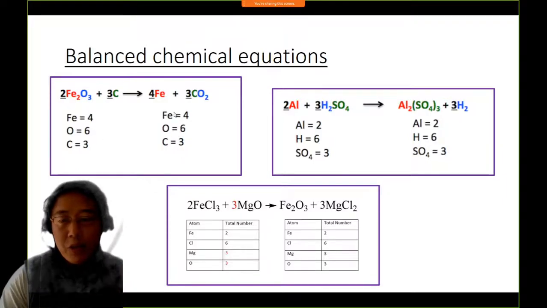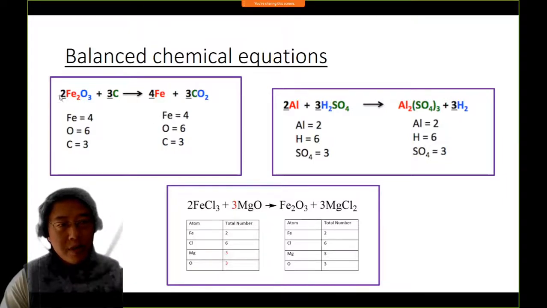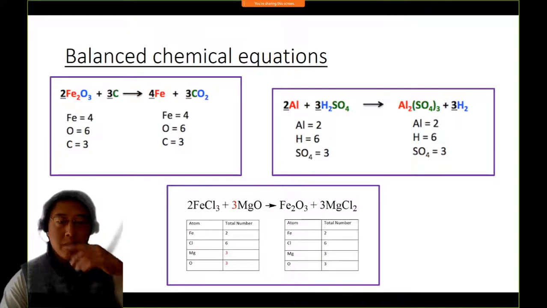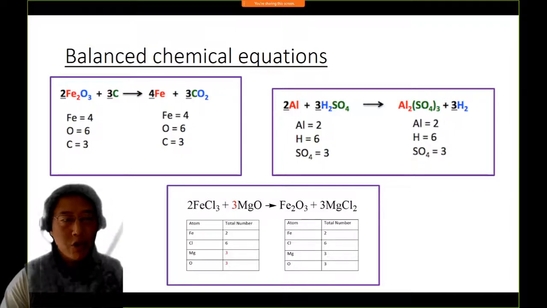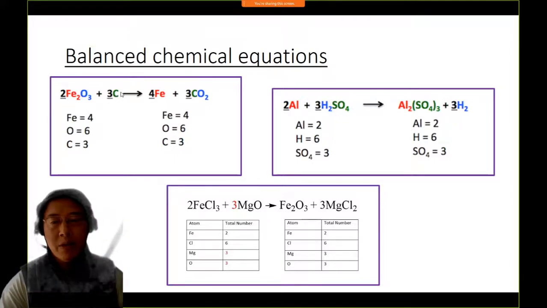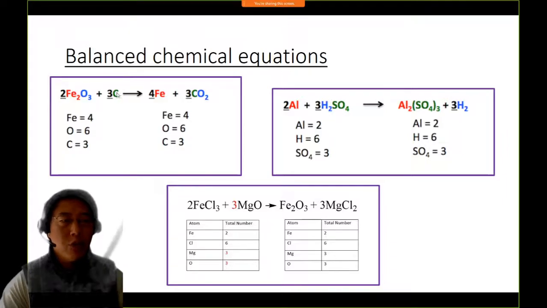The main difference from the unbalanced ones is that now you will notice a number in front of the molecules. The number in front is the same as in a mathematical expression. When you have 3C in math, it tells you that you have 3 times C. Now we apply that to chemical equations. It means we have 3 carbon atoms or molecules on the reactant side, so you can write C equals 3.